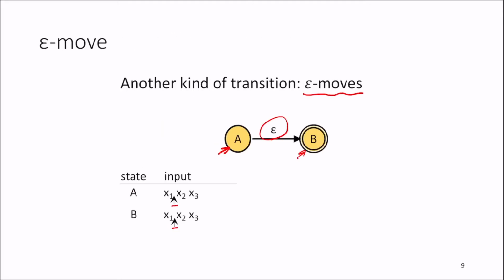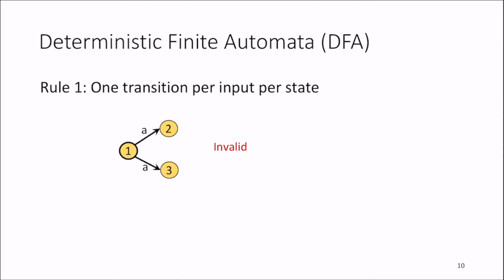Based on this notion, a deterministic finite state automaton can be defined using two rules. Rule number one is that there's only one transition per input per state. If I'm at state 1 and I take a transition on A, I shouldn't have two edges on the same input symbol. That's considered invalid in a deterministic finite state automaton.